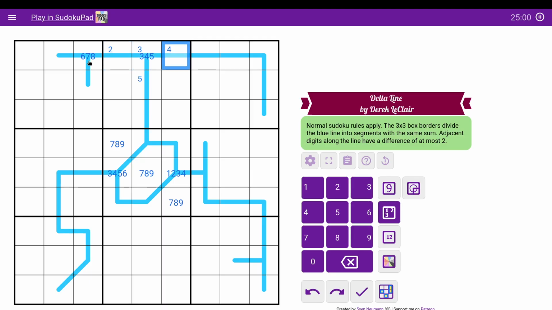Most this can be is 9 plus 5 is 14, making 7. So if this is a 3, it must be 5, 7. Now this is obviously not going to be a 2. It must be this. If this is a 3, 2, 1.